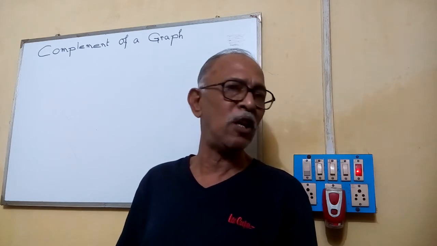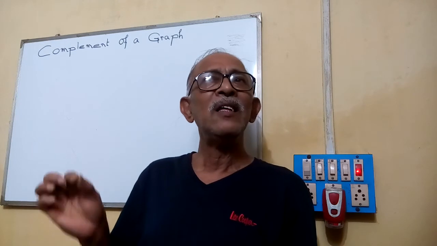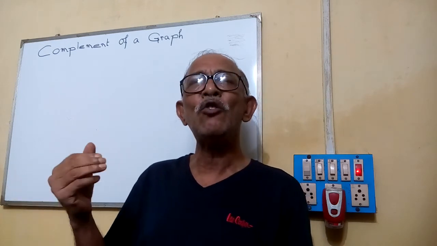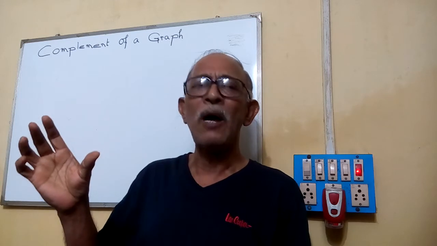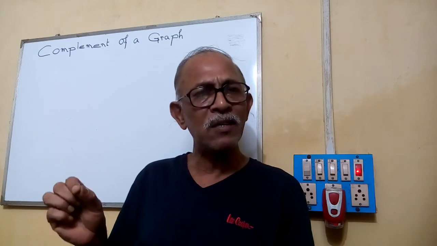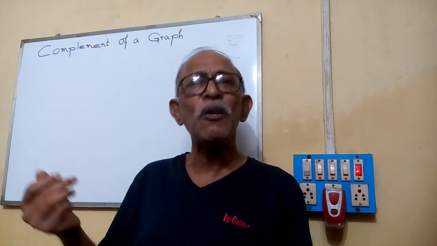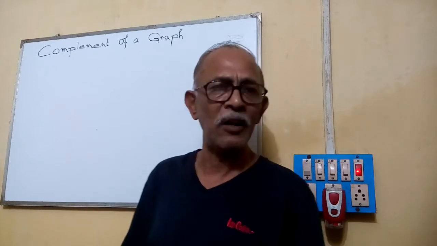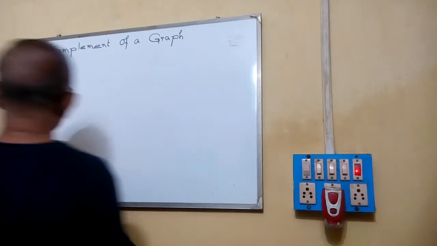There will be only those edges which belong to the complete graph of P vertices, but do not belong to the graph G. Let us take an example that will help you to understand.